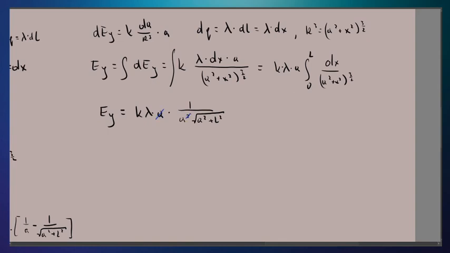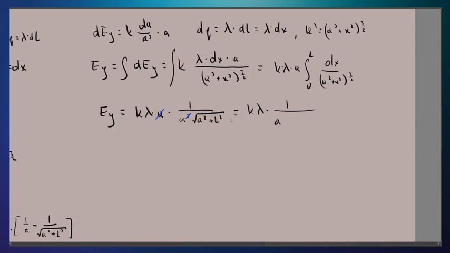So what I can do here is write that this becomes k lambda times, well, I have 1 over, and here's a. Sometimes students will ask me about this, what happened here, how is that working out? So what I can do is pull one of these out of the square root, but let me see which one I should pull out, so that I have the expression that you have in your worksheet.